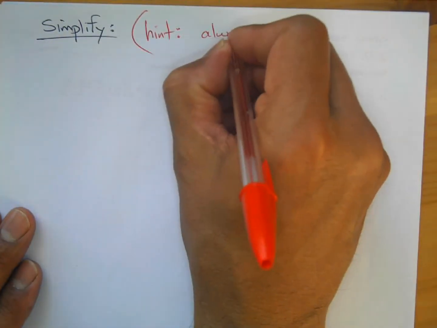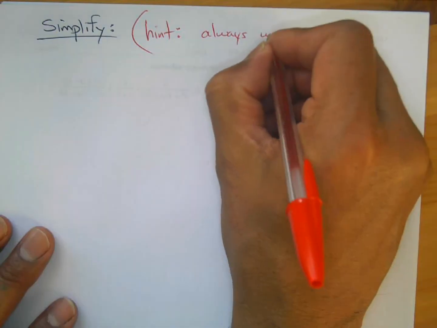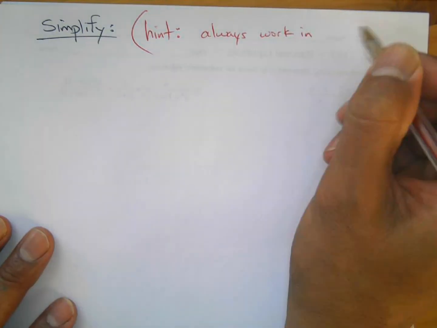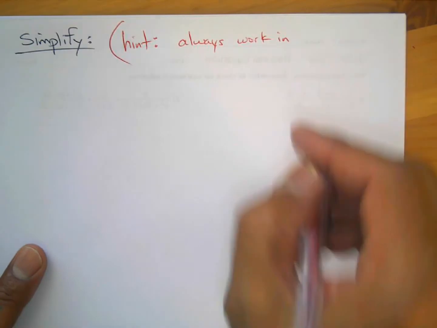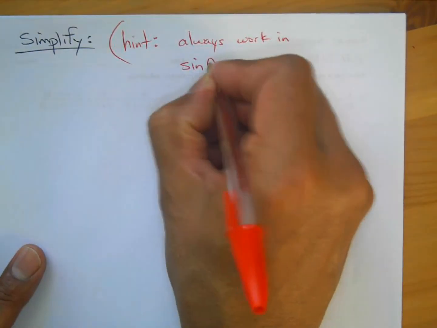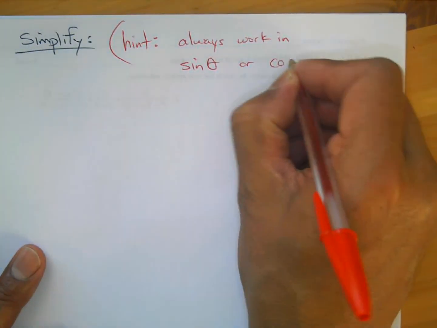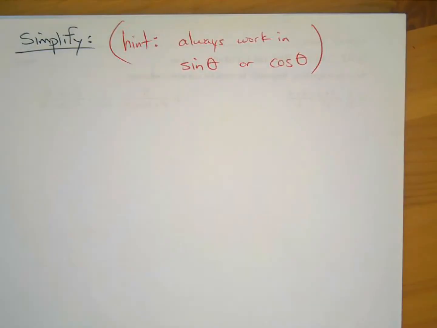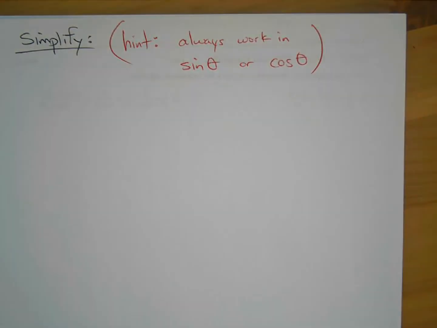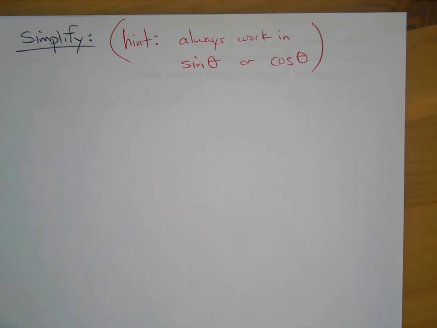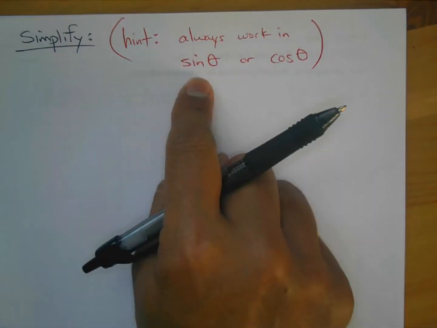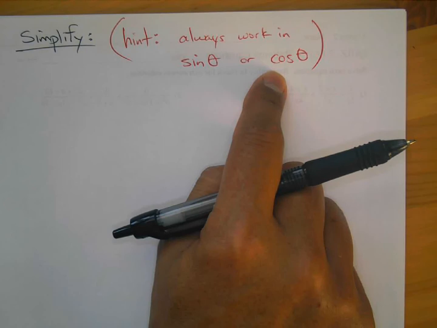You always want to work in sine or cosine. We always want to work with sine or cosine. Okay, so we already know sine and cosine. We'll leave that alone.